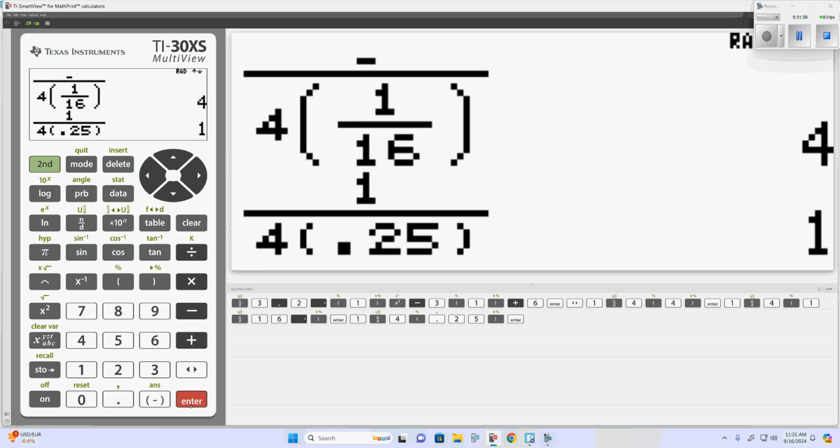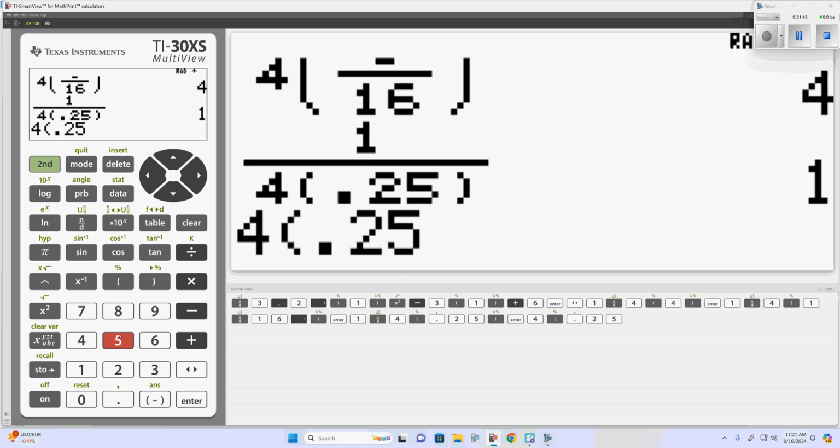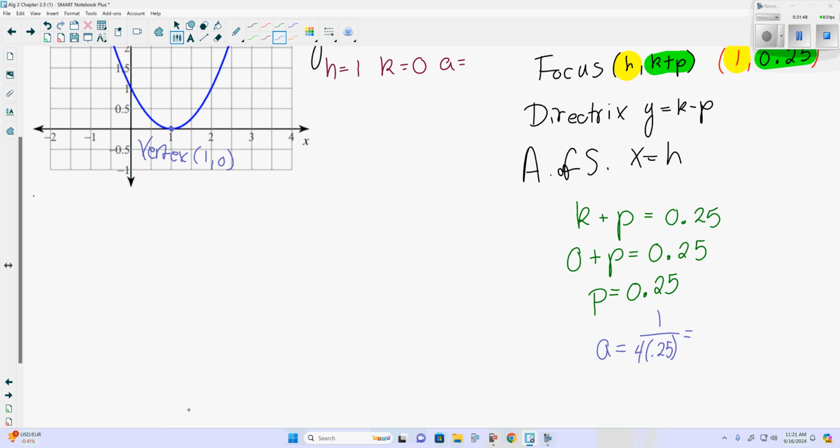Yeah, so that's why it reduces to 1. Because our 4 times 0.25 is indeed 1. 1 divided by 1 is 1.